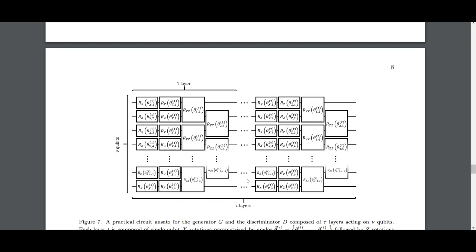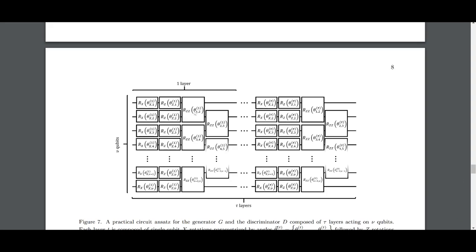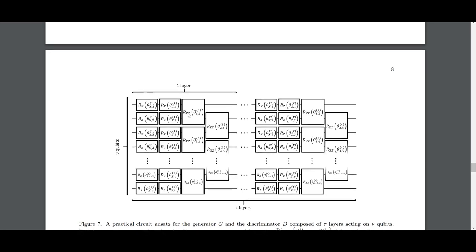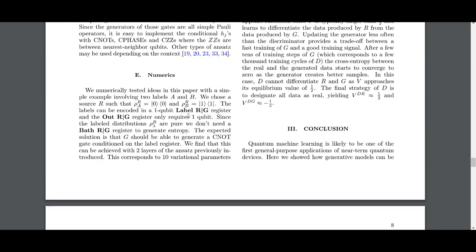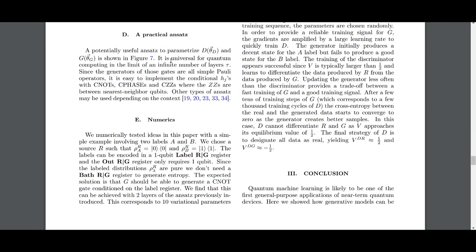The idea is, it's a bunch of rotations. I see rotations of X and rotations of Z and rotations of ZZ. I don't know what that means. Rotation ZZ, as a control, okay, no. Conditional.